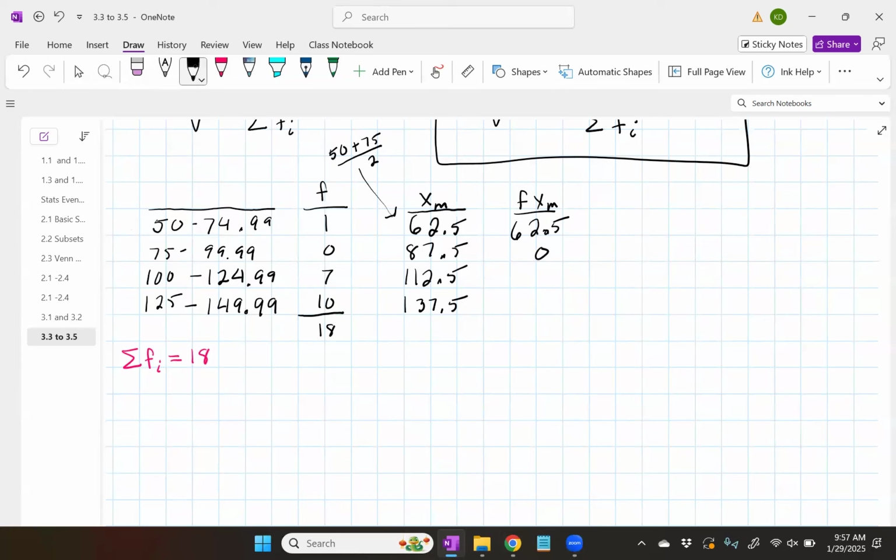Times 10, 1,375, times 7, 787.5. So take your F times your X sub M, your midpoint, get a new column, add up that column.